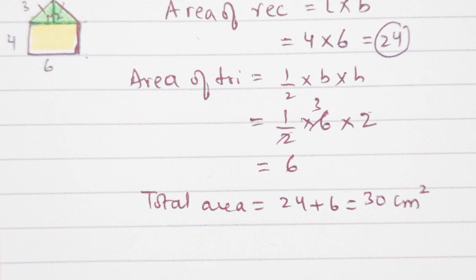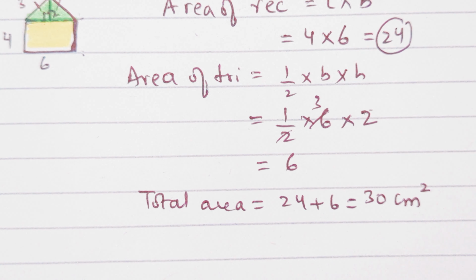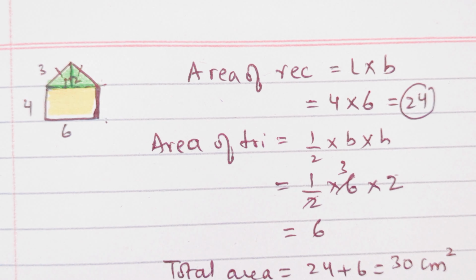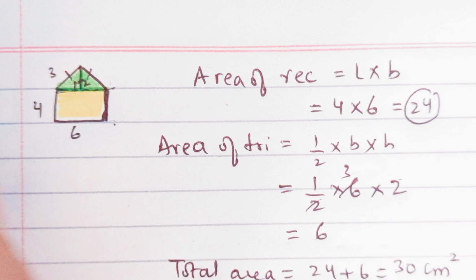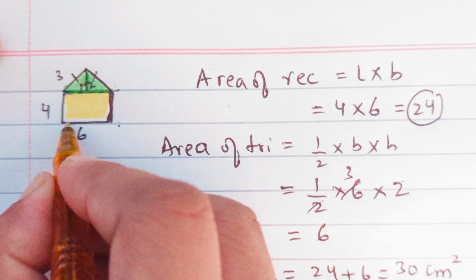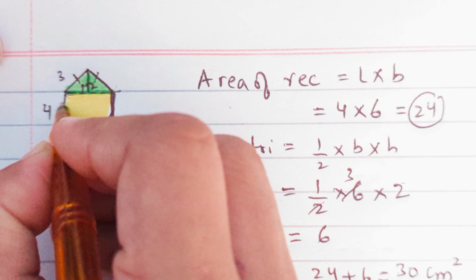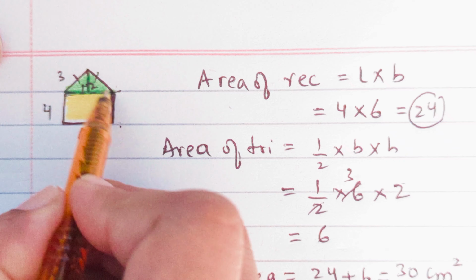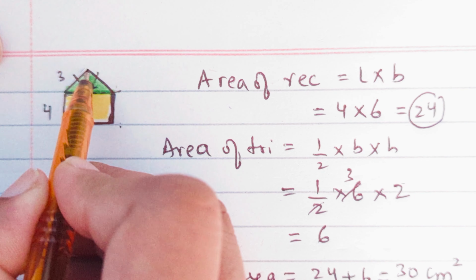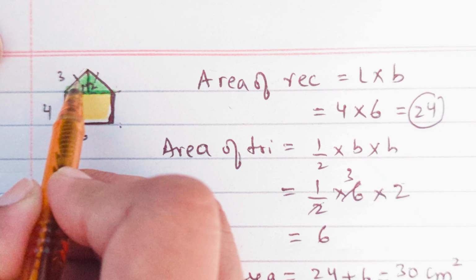That's all, right? And when we have to find the perimeter, perimeter is very simple. We simply have to add up all the outer parts. So let us write down all the outer parts. This is 6, this is 4, this is 3, and then the two sides of the triangle are equal.